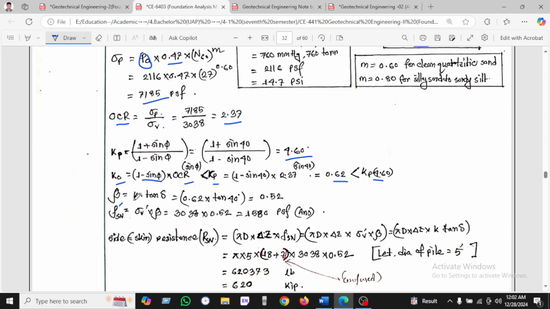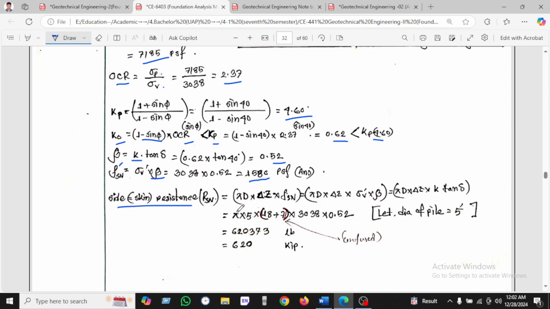Beta method, so beta is K into tan phi and found 0.62 into tan phi, which is 0.52. So f prime equal to sigma vertical into beta and found 1500. So the skin resistance is pi d into delta z into sigma v into beta method, and putting all these values and found 625 kilonewton per meter.